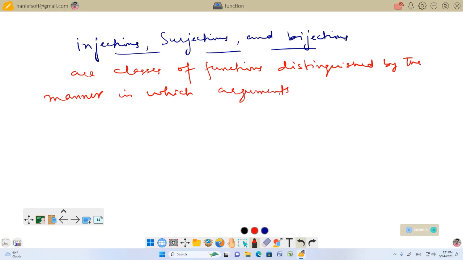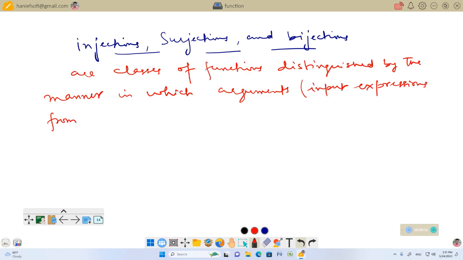by arguments we mean input expressions. Input expressions are in the domain.